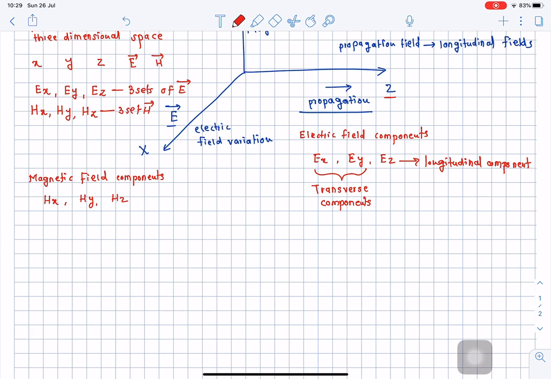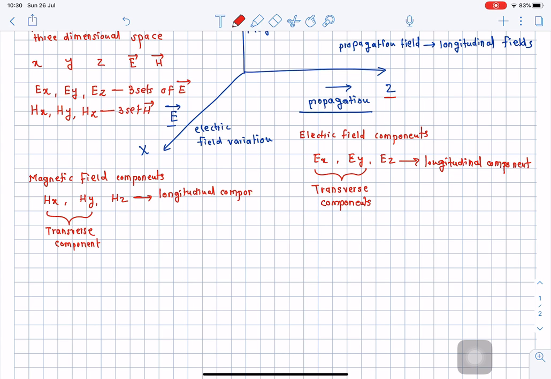Again, Hx and Hy we call transverse components, and the z component of the magnetic field we call a longitudinal component, right?